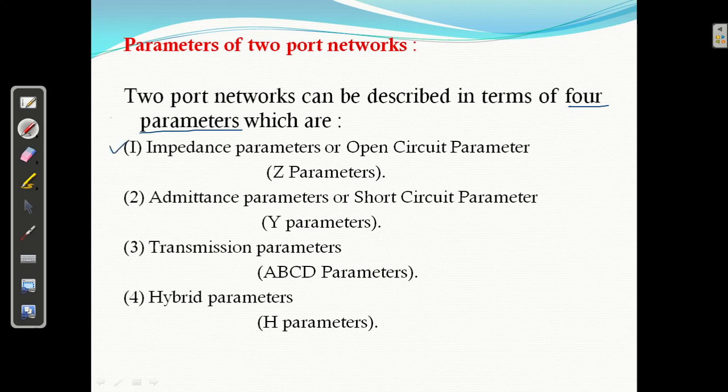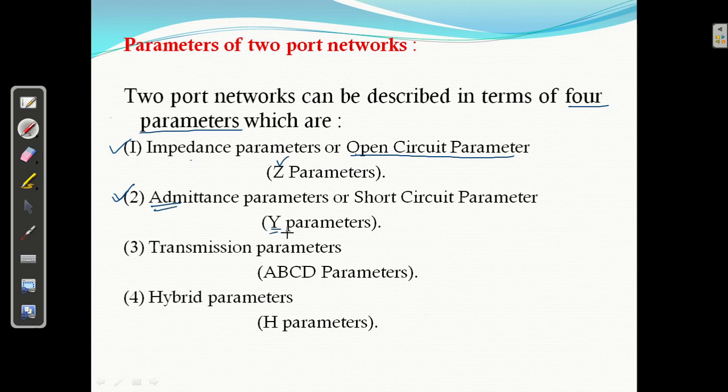First one is known as impedance parameter. What do we call it? Z parameter. Impedance means Z parameter. It has another name, open circuit parameter. Second parameter we have is known as admittance parameter or Y parameter.